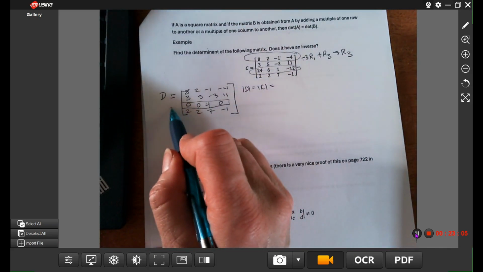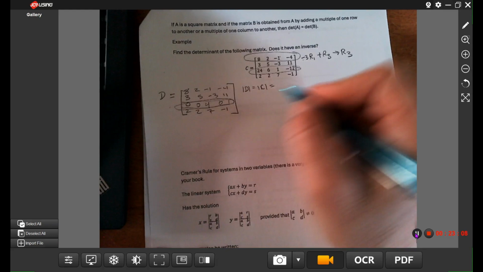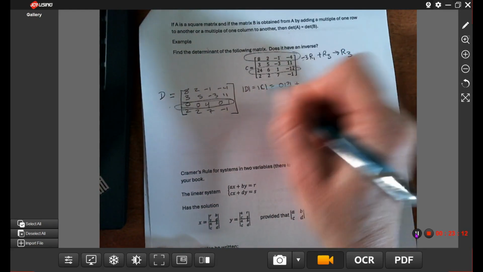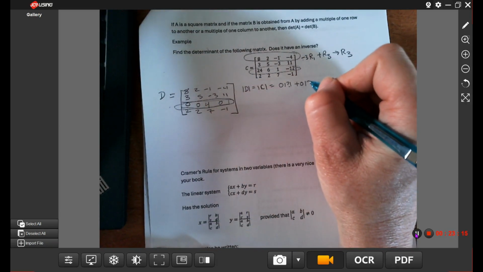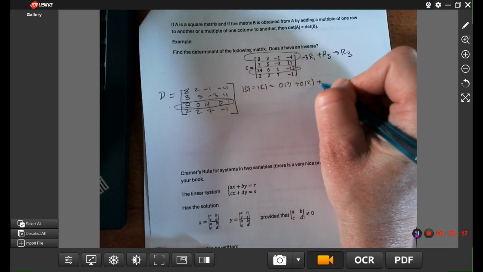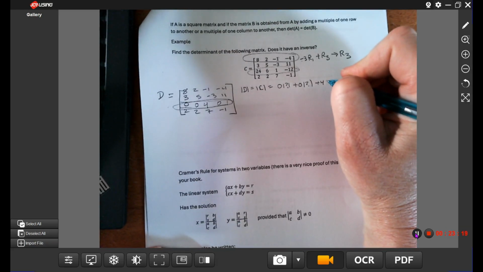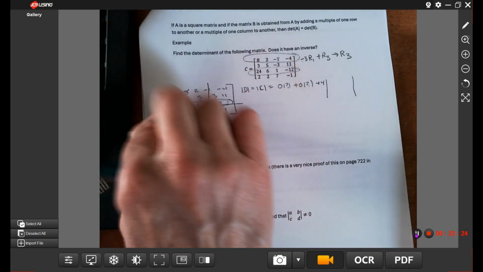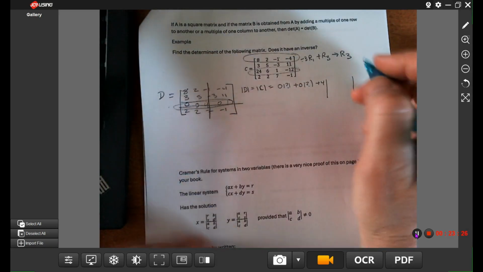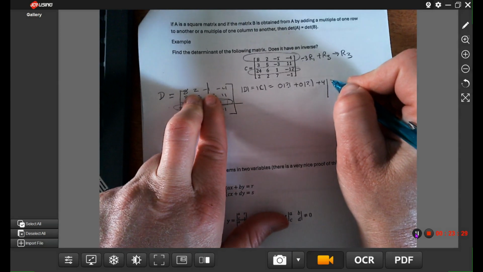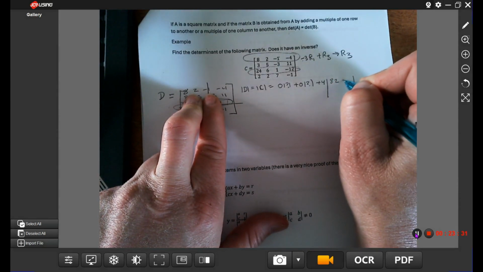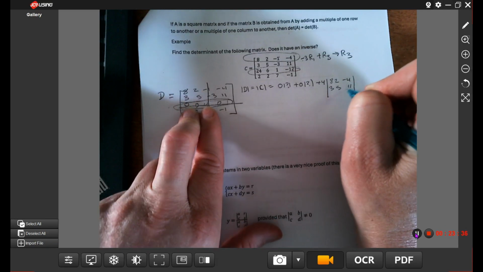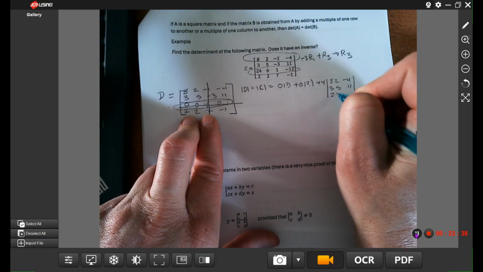So if I expand on row 3, I have 0 times the determinant, doesn't matter what it is, plus 0 times another determinant, doesn't matter what it is, plus 4, this is the one that matters. So if I cross out row 3, column 3, I'm left with 8, 2, -4, 3, 5, 11, 2, 2, -1.